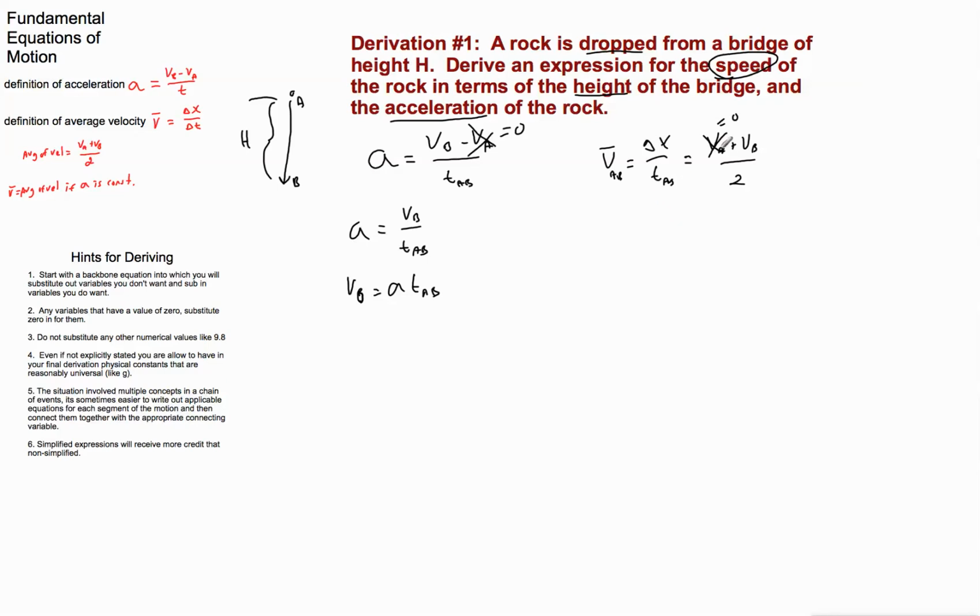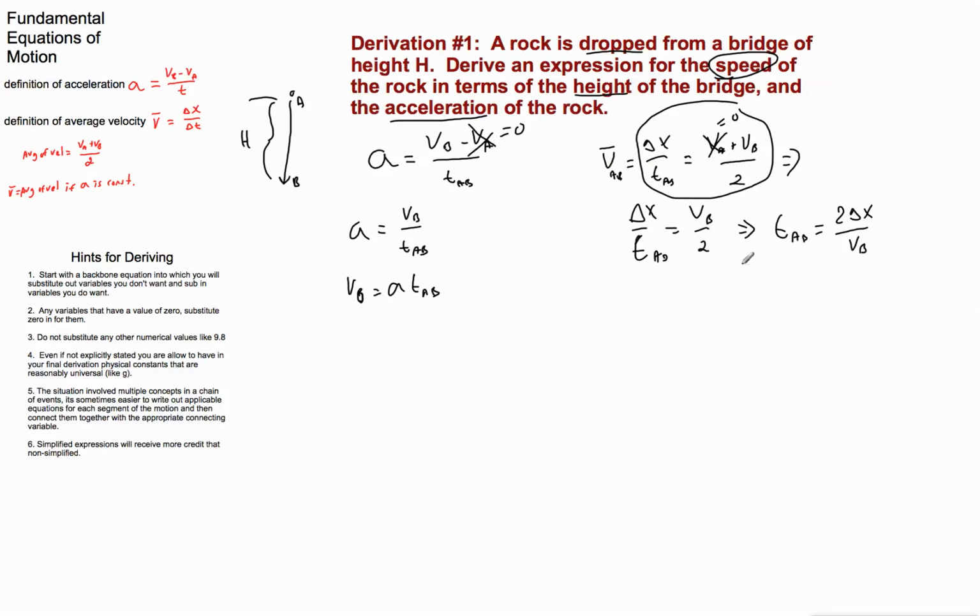Now, what you see then is if I take just this part of what I've written and rewrite that, then I can say delta x over the time from A to B is equal to vB over 2. And that's helpful because ultimately I want this time from A to B. So let me rearrange this algebraically to say time from A to B is equal to 2 delta x over vB.